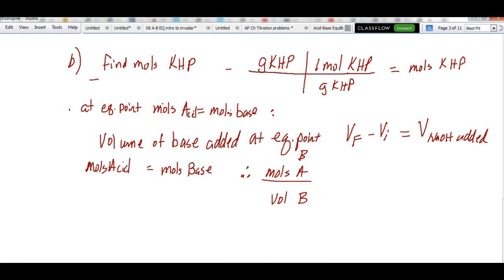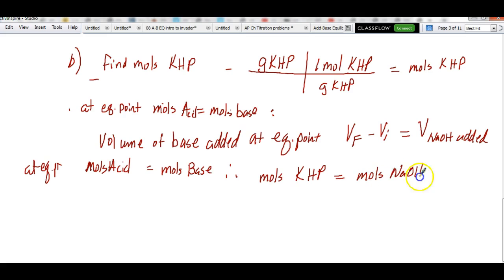But I need to be writing these. I need to say what this is. So therefore, this is at equivalence. Moles of KHP is equal to moles of NaOH.